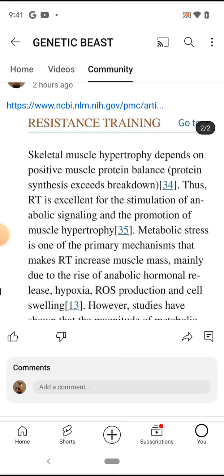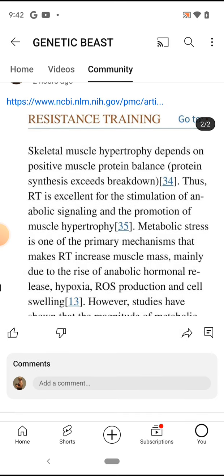So anyways, the point is that is the major driver of hypertrophy. Hypertrophy just means something is getting bigger. Now, what is the driver of muscle cells?